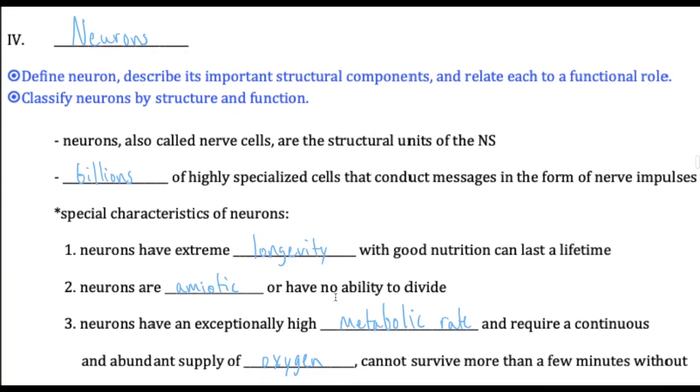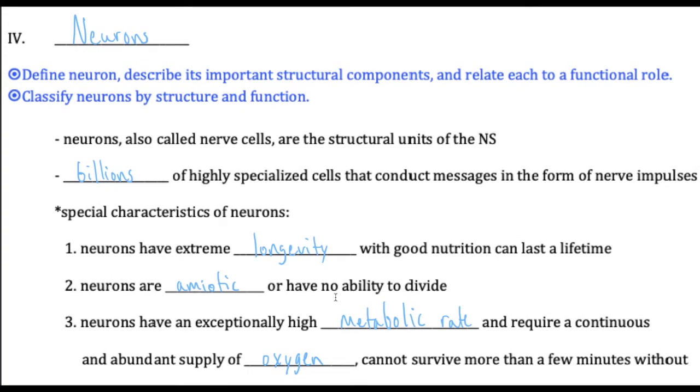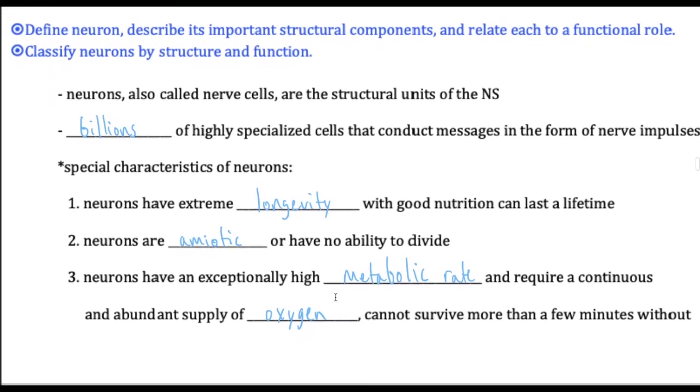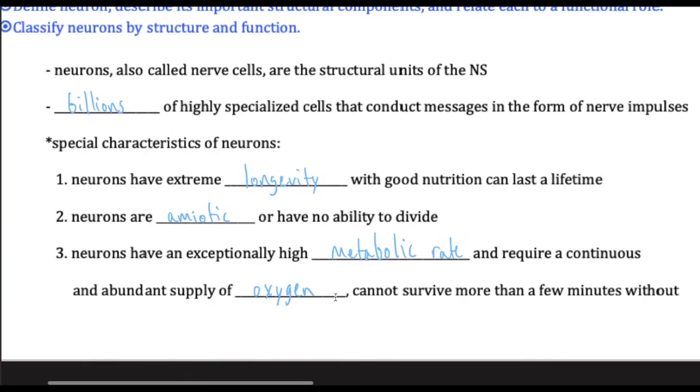So now we have neurons. Neurons are also called nerve cells and are the structural units of the nervous system. We have billions of highly specialized cells that conduct messages in the form of nerve impulses, and they have some special characteristics. They have extreme longevity, and if we eat right and do the things we're supposed to do, they can last a lifetime.